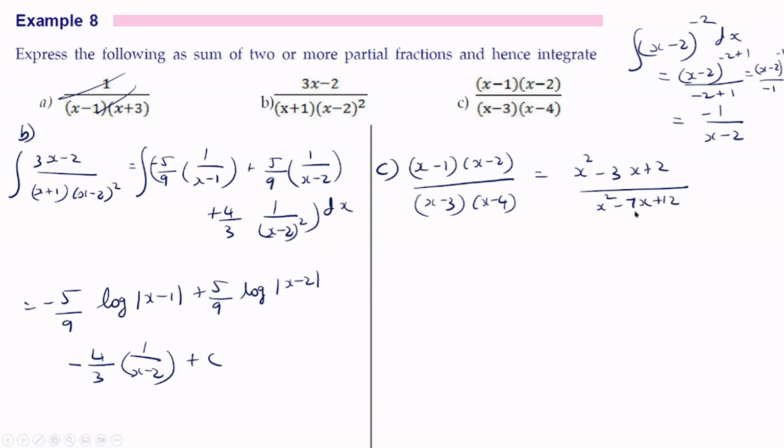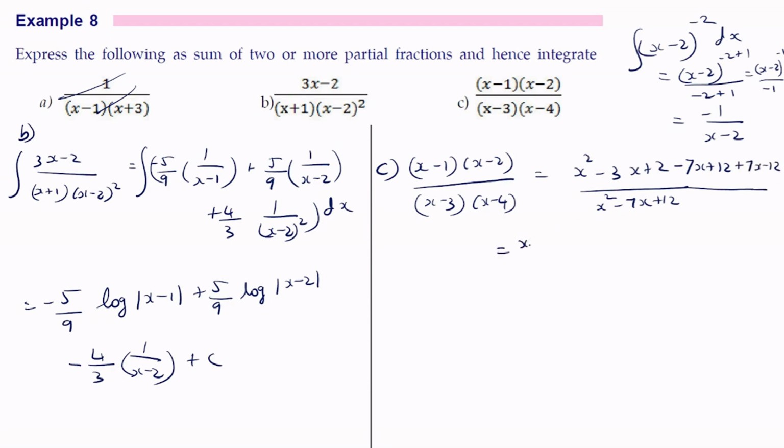Here we can see that this is an improper rational function. So to make it a proper rational function, we have to perform long division. Now instead of performing long division, what we can do is, let us add and subtract minus 7x plus 12. It will not make a change.